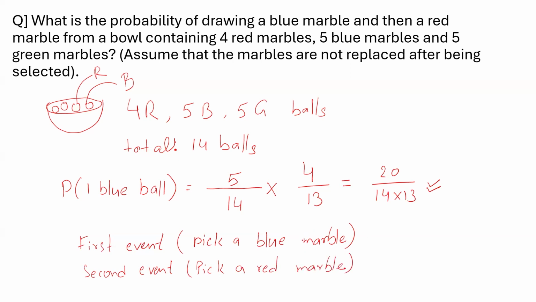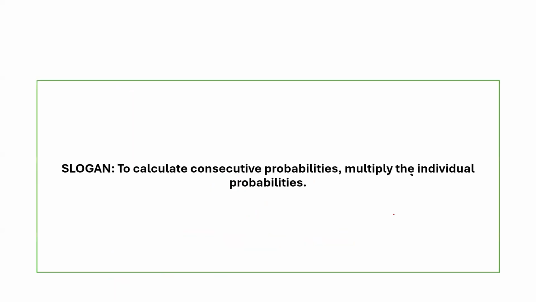So, how will you calculate the probability of this scenario? First, you pick a blue marble, write down the probability, that is 5 by 14, and then a red marble, what is the probability? That is 4 by 13, and multiply, because both are happening together. First you are picking blue and then a red marble. So this is your final answer.